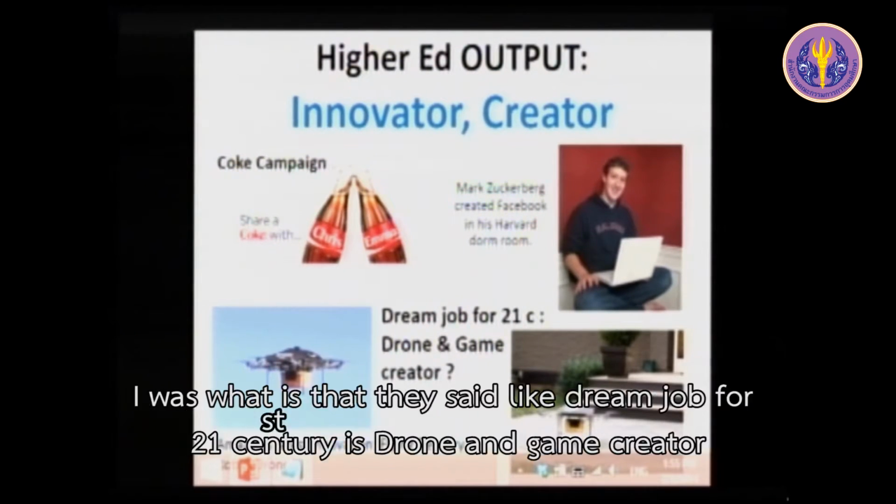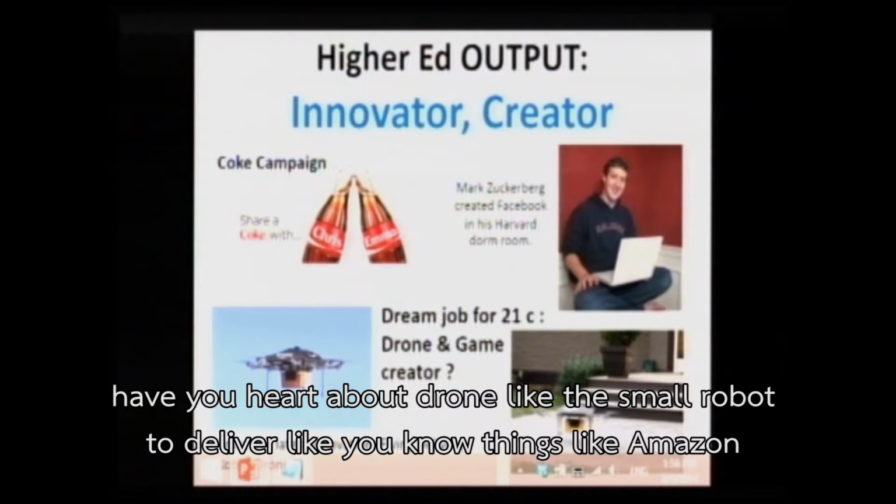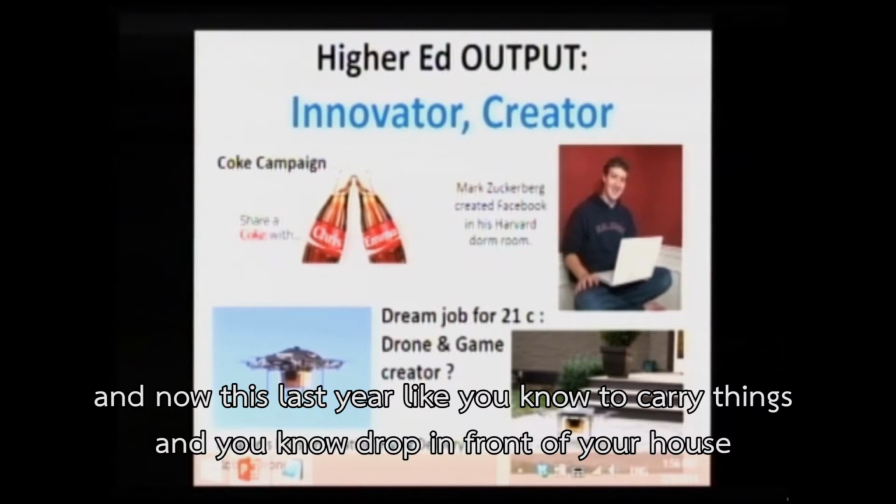The first time I heard this, I was, what is that? They said the dream job for the 21st century is drone and game creator. Have you heard about drone? Like the small robot to deliver things, like Amazon announced last year, to carry things and drop them in front of your house.